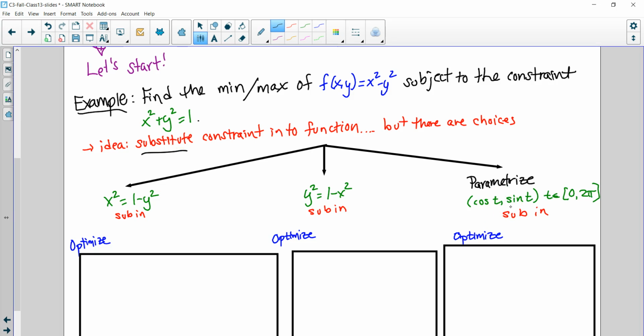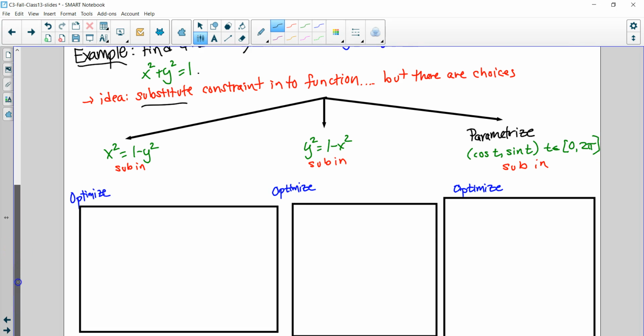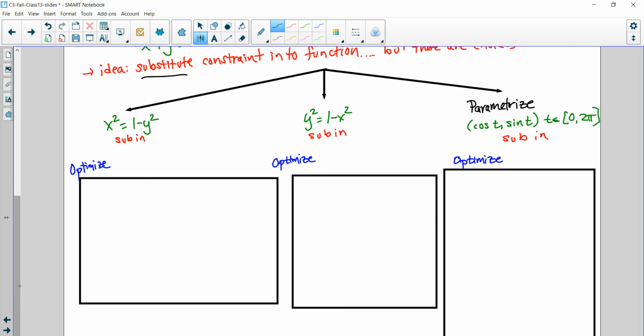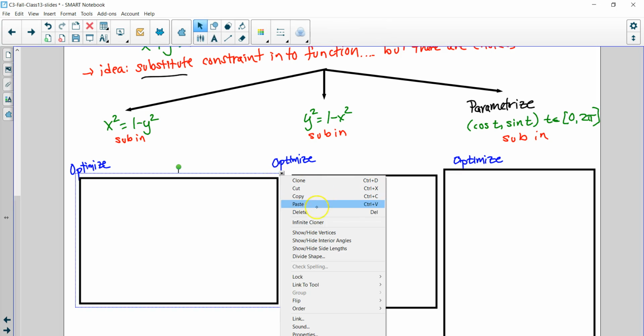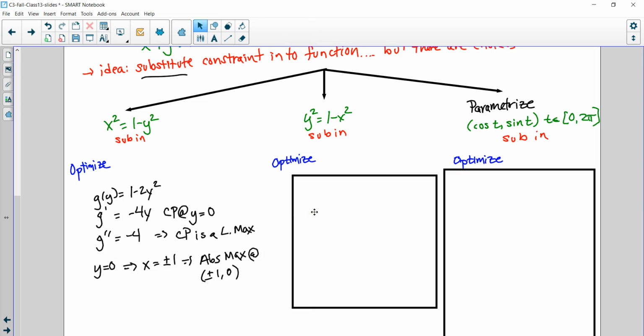Right now I want you to pause the video and attempt each of these methods individually and see what you get. Okay, if we do the first one, I believe we should have gotten g of y after we substituted in.